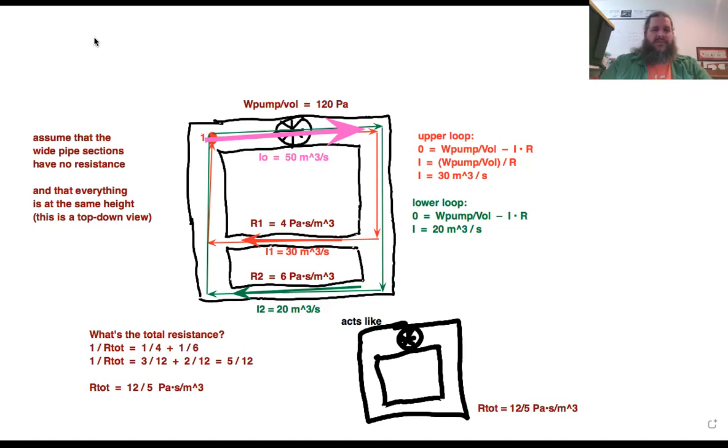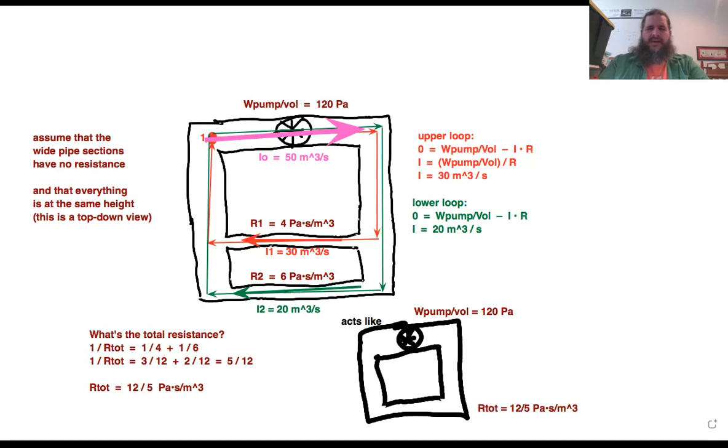So in that case, if we also fill in the work density of the pump, which we know is still 120, how would we then find the current in this fluid circuit? Use 0 equals E pump over volume minus IR equation. Right.